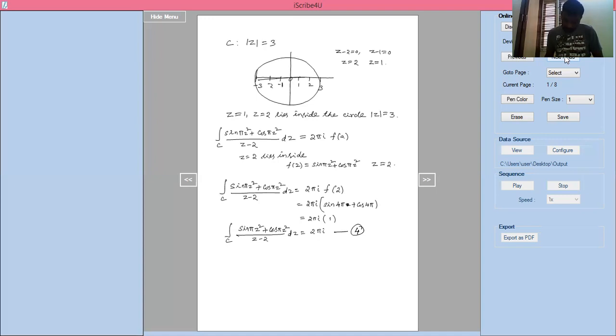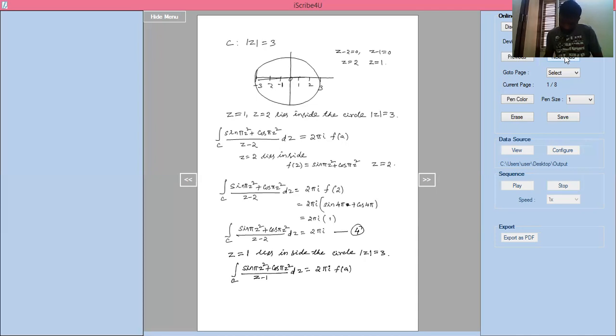Now, similarly, z equal to 1 lies inside the circle, modulus of z equal to 3. Now I'll write integration over c of sine pi z square plus cos pi z square divided by z minus 1 into dz equals 2 pi i into f of a.